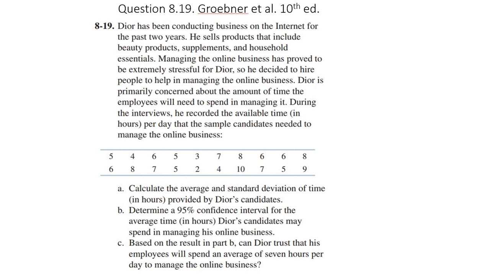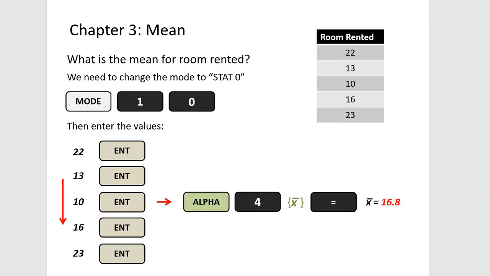Part A says calculate the average and standard deviation of time in hours provided by the candidates. So the first part is quite straightforward. You already learned how to use your calculator to calculate mean and standard deviation. I'll show you these slides that are available on Canvas. You just need to change the calculator mode to stat 0. So you press mode 1 0 and then you would be on stat 0 mode.